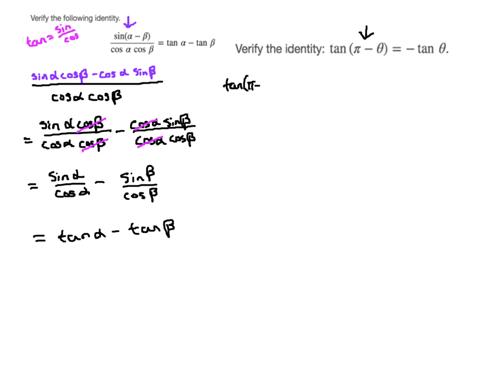The tangent of pi minus theta is equal to tangent pi minus tangent theta divided by 1 plus tangent pi tangent theta. Okay? And let me paste my unit circle here, because we can do the tangent of pi. We know what that is.